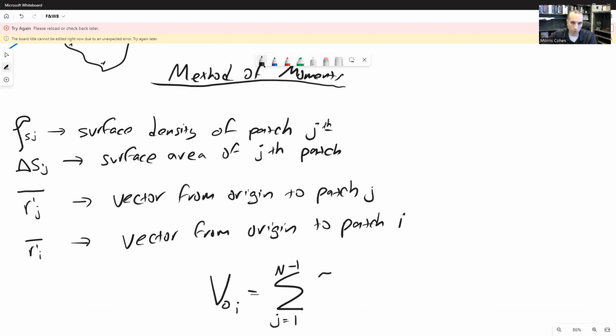And then we're going to have a rho Sj times delta Sj divided by 4 pi epsilon times the absolute value of r I minus r j, right?